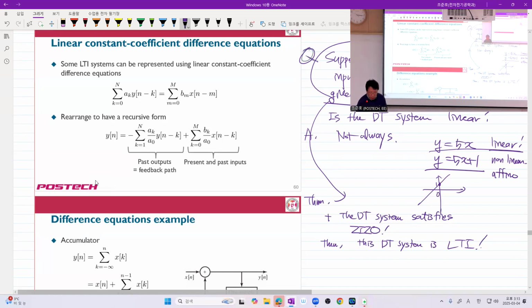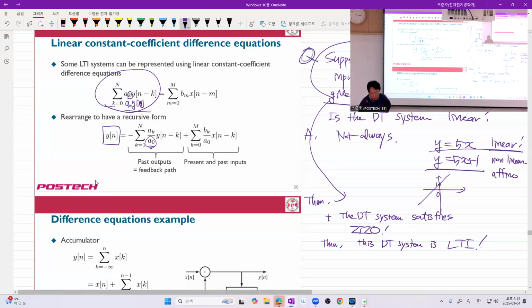And now suppose this a0 for y[n-k], so k is 0, is non-zero. Then from the left-hand side, you can subtract all the other terms, which means you usually say move all the other terms to the right-hand side, negating the sign.